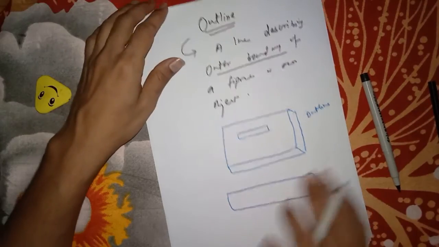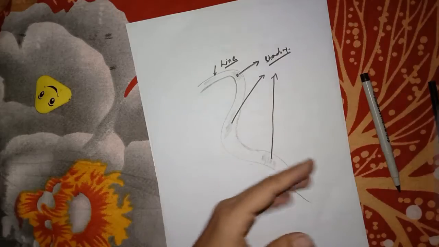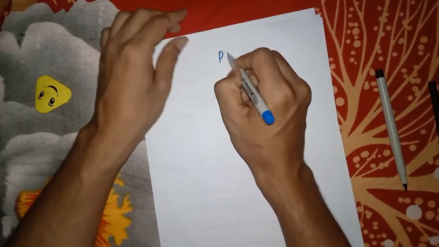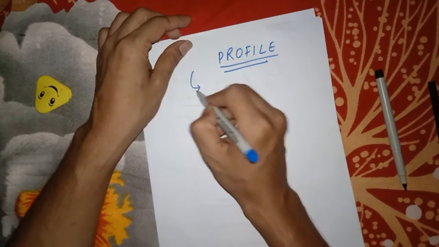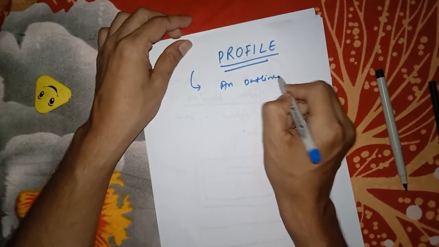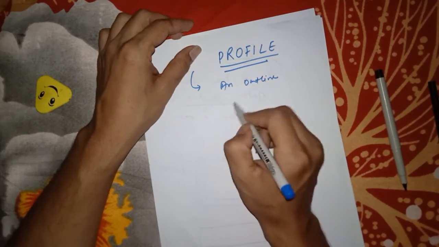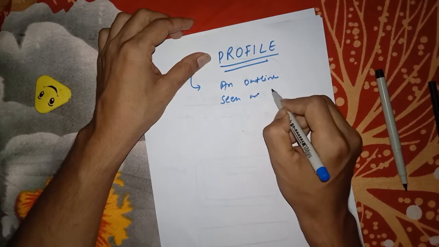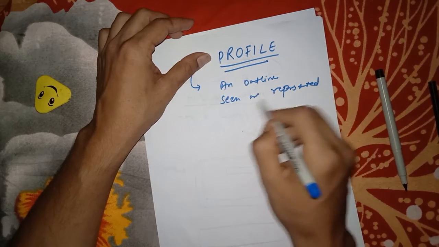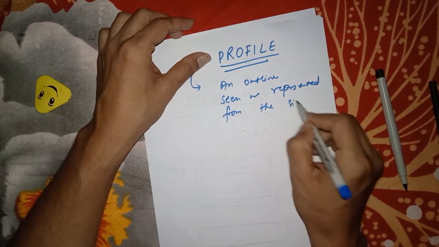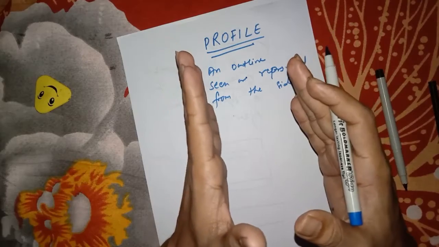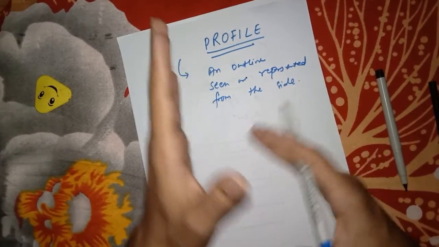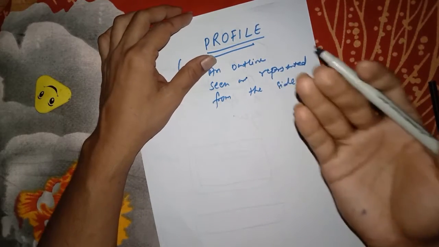So another term in art is profile. What do you mean by profile? Profile is an outline, but these outlines are seen or represented from the side. Means one side, or whatever the viewing side, you have to draw an outline.